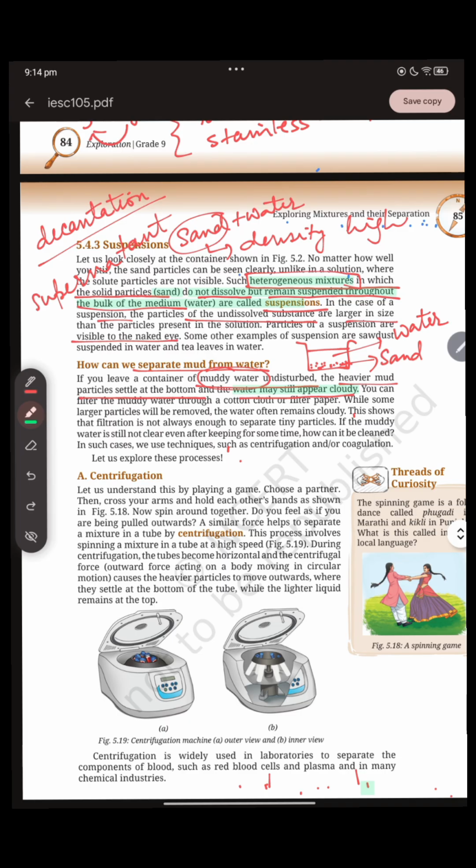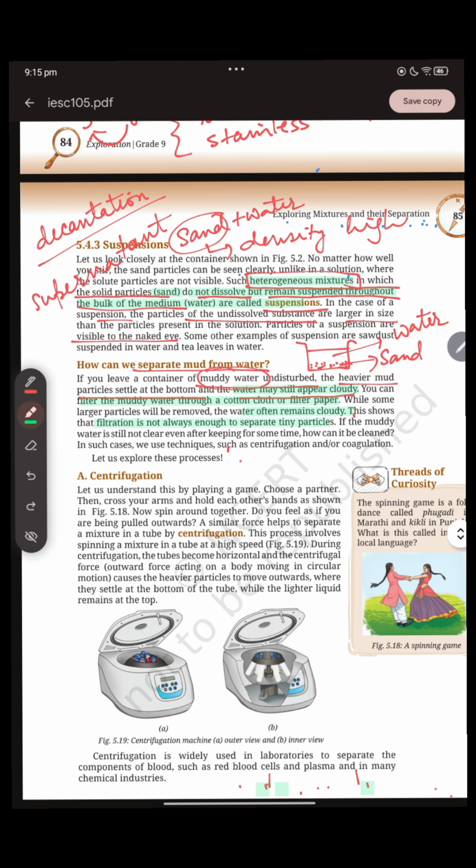You can now filter the muddy water through a cotton cloth or filter paper. Now, when you do this, while some large particles will be removed, water often remains cloudy. The filtrate often remains cloudy. This shows that filtration is not always enough to separate the tiny particles.